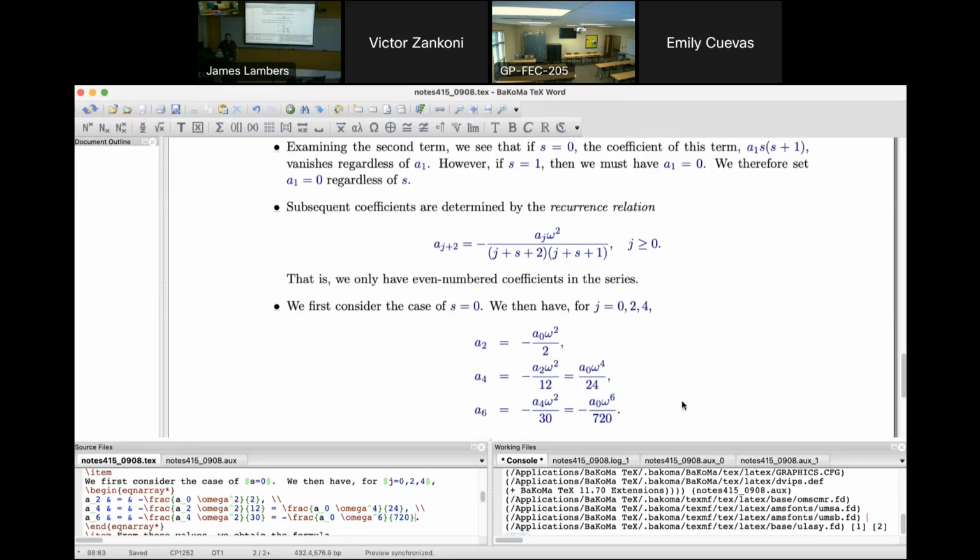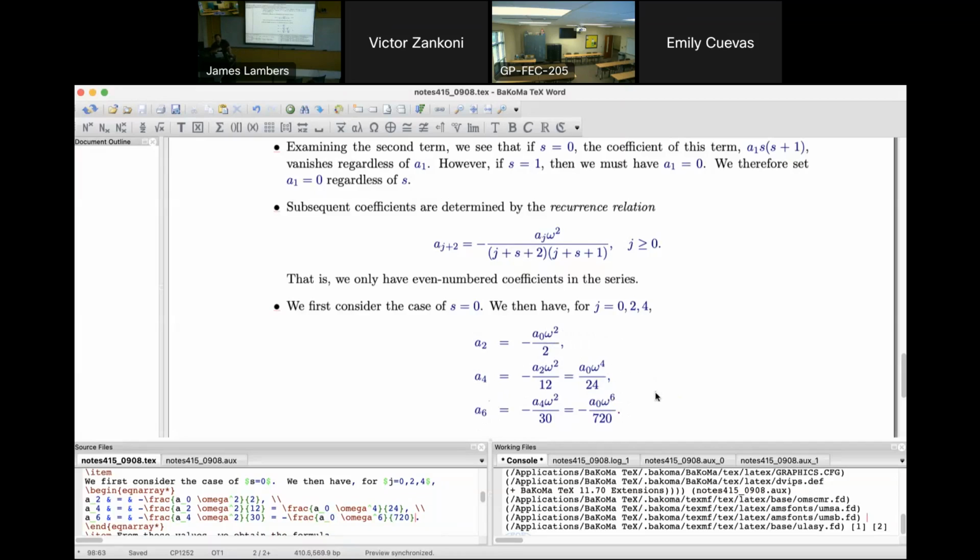What about the omegas? What's happening with them? What pattern do we have there? Yeah, so it matches the index. So we have omega to the j over j factorial, but only for even j. Here's one other thing that's happening with these coefficients besides that.